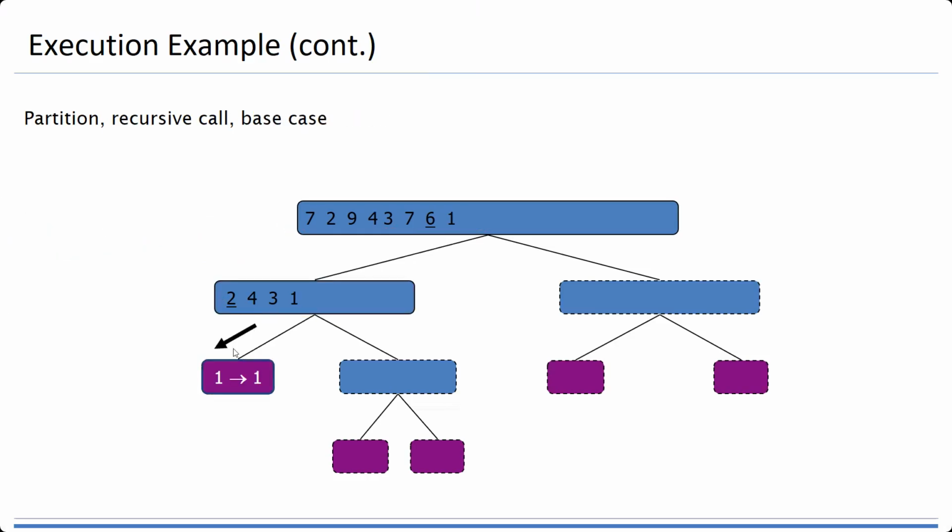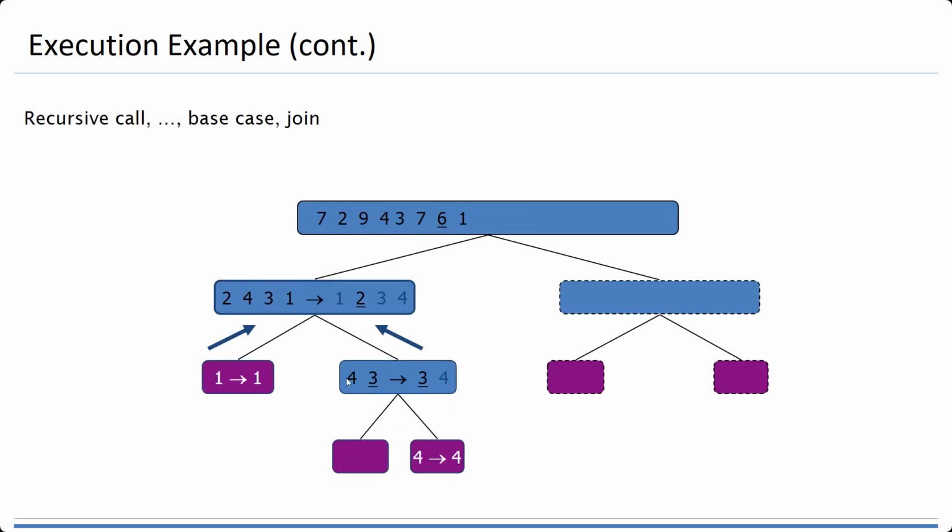Less than 2 is 1, and higher than 2 is 4 and 3. For 4 and 3, again I check the pivot. Again, I choose randomly. What is a value less than 3? Nothing, so 0. And higher than 3, 4.